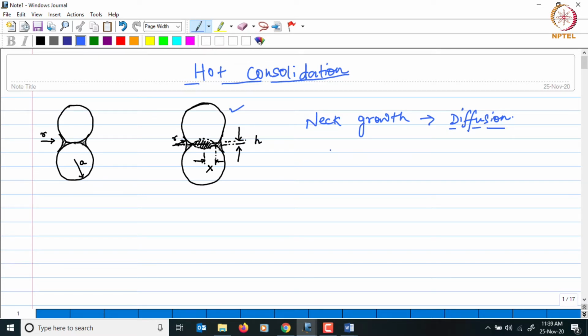So the diffusional transport of matter can be described in terms of the flux of atoms, or equivalently in terms of the vacancy flux in the opposite direction. Because we have seen that when the diffusion occurs, atoms move in a particular direction and the vacancies move in the opposite direction.